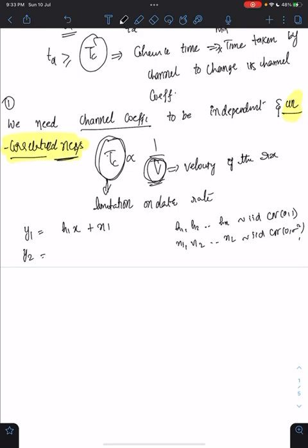Y2 equals H2 x plus N2, and YL equals HL x plus NL.